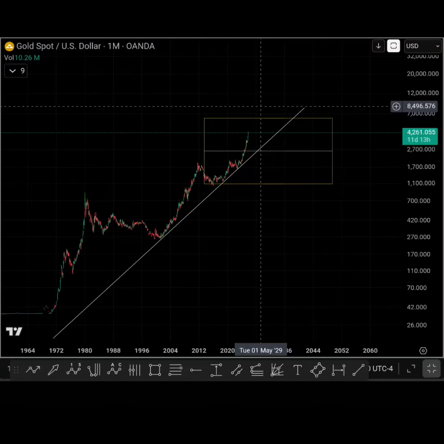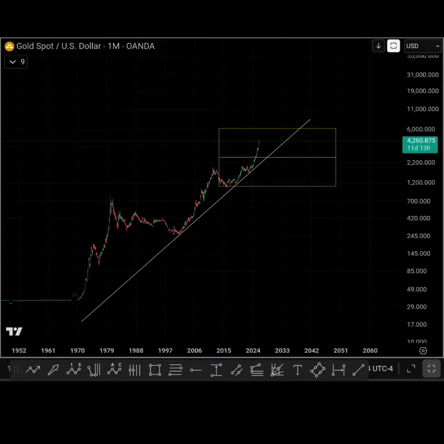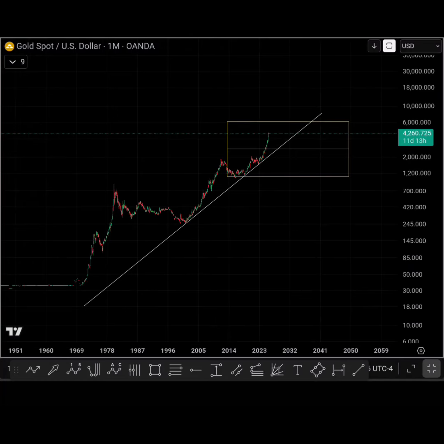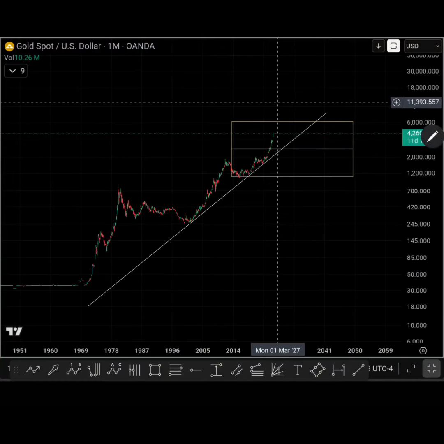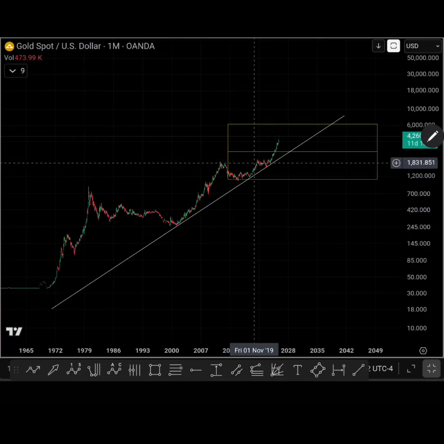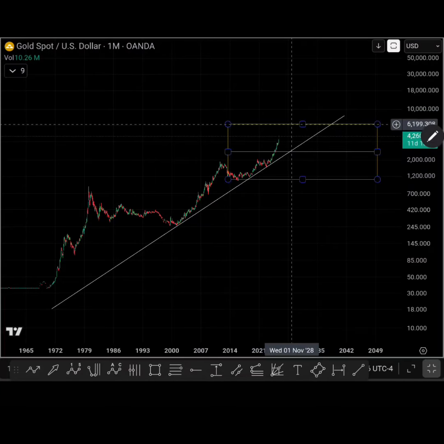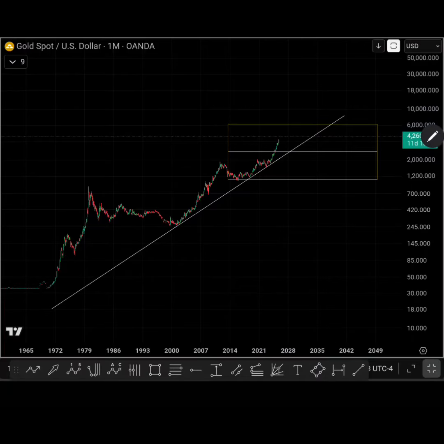That'll get you up to 8,000. So initially I'm thinking 8,000, but historically speaking, 14,000 looks like the targeted range based upon how far this goes. So maybe this eventually pauses at 8,000 and then consolidates and then pushes up again.